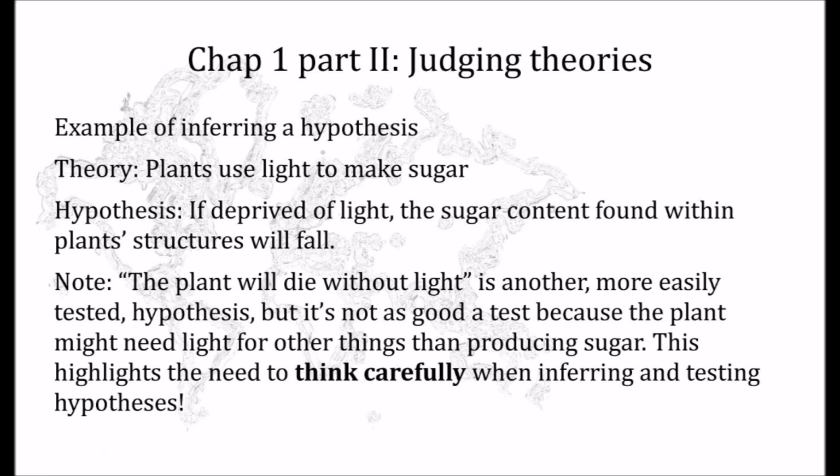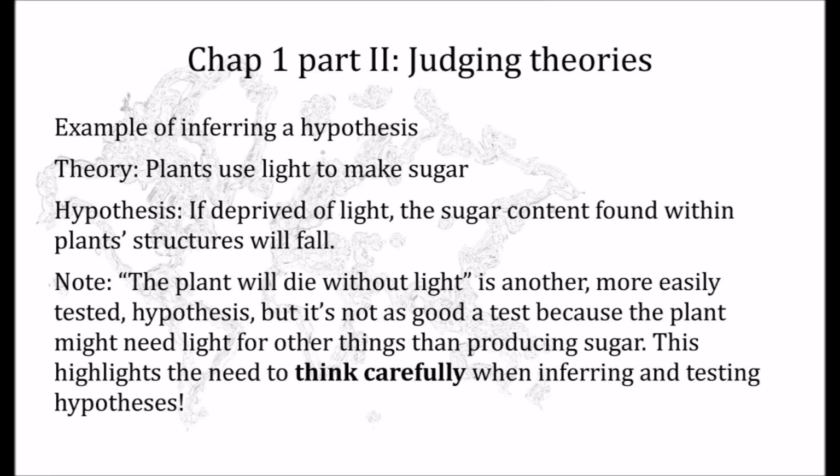You could also say one other hypothesis would be the plant will die without light, and that's easier to test, so maybe that would be a first stage, but the plant could be using light for things other than making sugar. So this one, the hypothesis, is more difficult to test, but it would give us better evidence towards our theory that plants use light to make sugar.